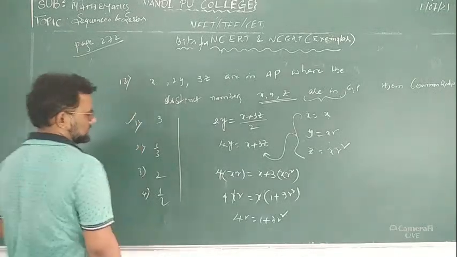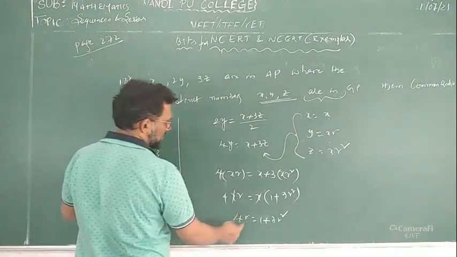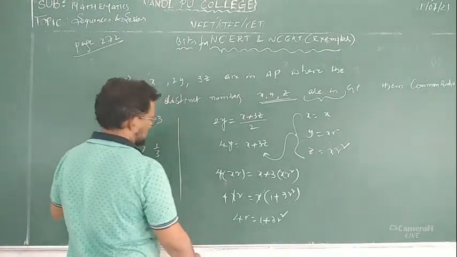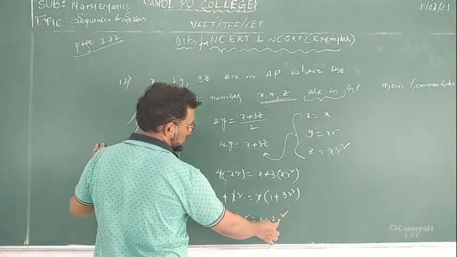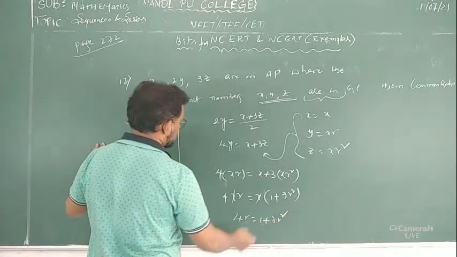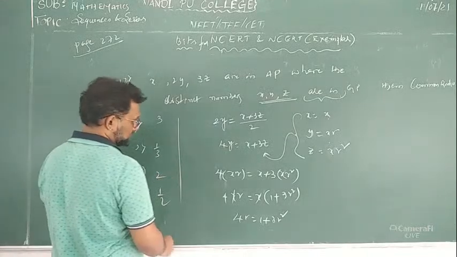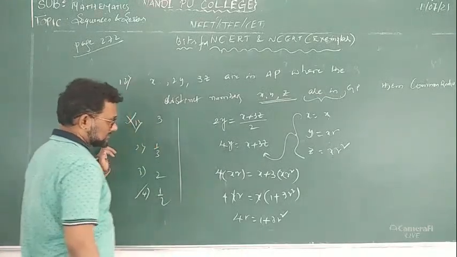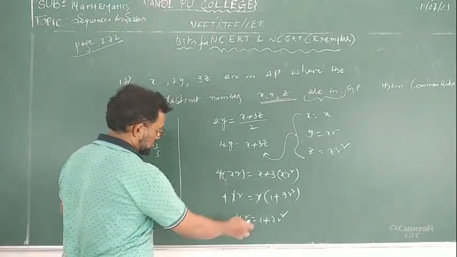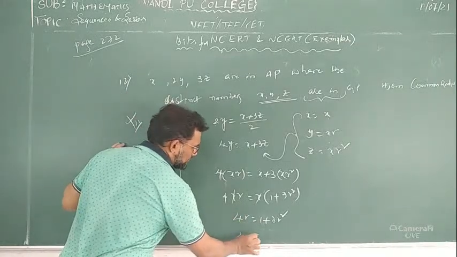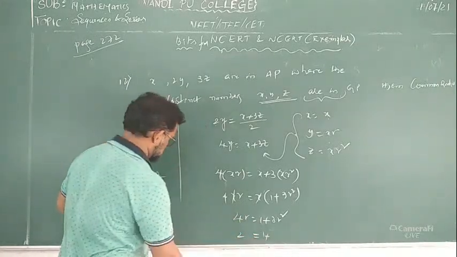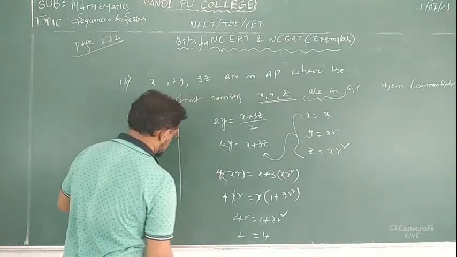First option 3, if you substitute it, 4 3s are 12, and here 3 if you substitute it, 9 3s are 27, it is not satisfying. I go to fourth option. If you substitute r value 1 by 2, it is also not satisfying.